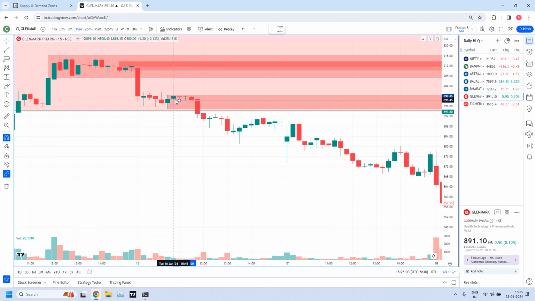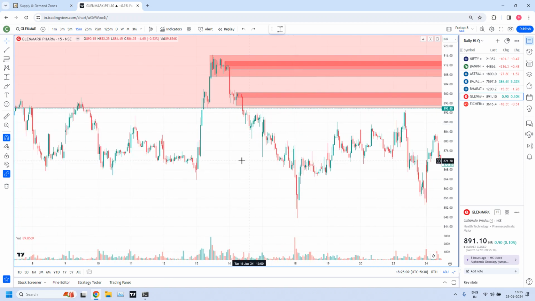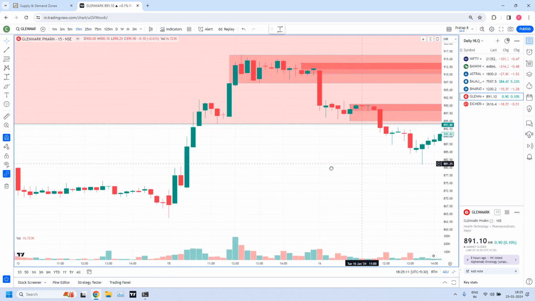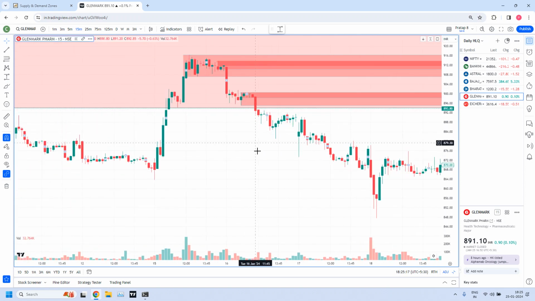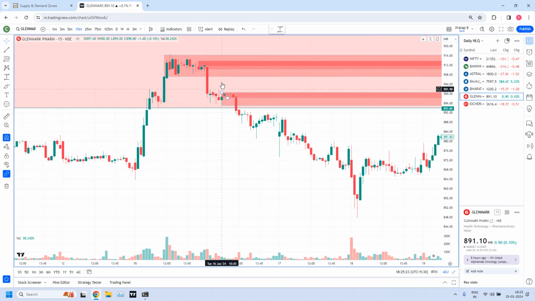This candle is occupied. So this is an ERC candle, leg in, 1, 2, 3, 4 base candles and a drop candle. And here we have a drop candle, 1, 2, 3, 4, 5 base candles and a drop candle. This is at the 15 minutes level.